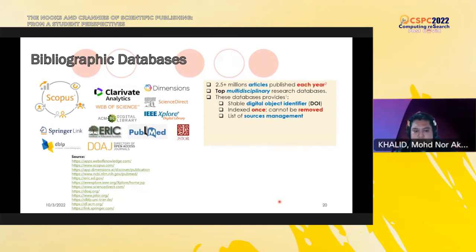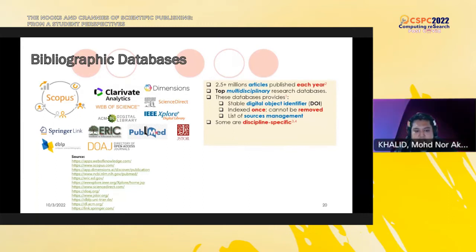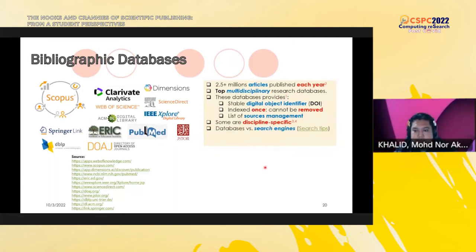This involves source management, so it isn't easily duplicated by third parties. It's very managed by professional people. Some may be discipline specific, like ERIC, which is for education, and PubMed maybe for medical association, and so on. And you need to understand that databases are different from search engines.